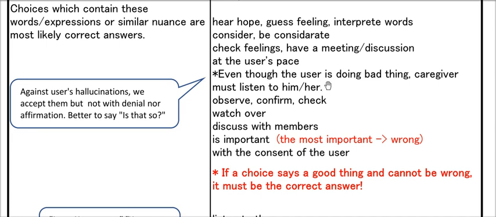Even though the user is doing a bad thing in some case, the correct answer is always that a caregiver must listen to him. Caregiver listens to him, such and such. Oh, very good. Correct answer. Observe, confirm, check, watch over. These are very good. Here is the sample.